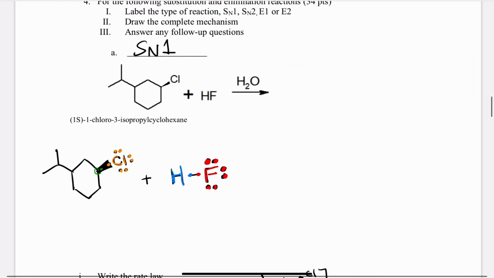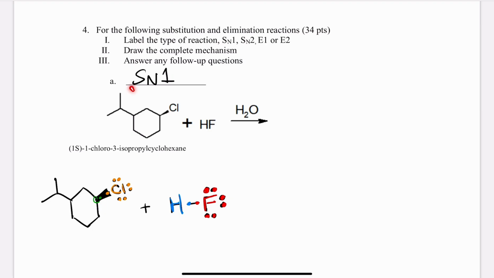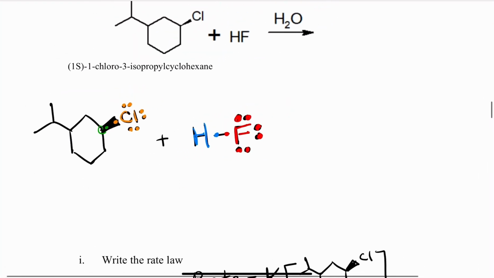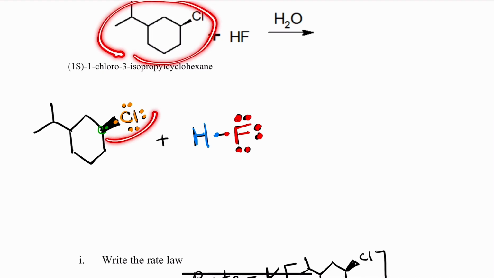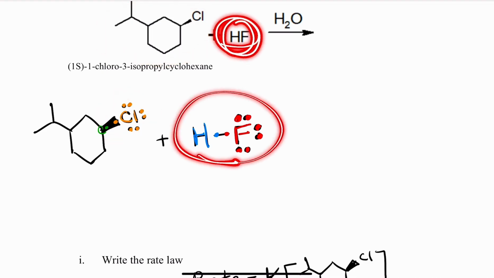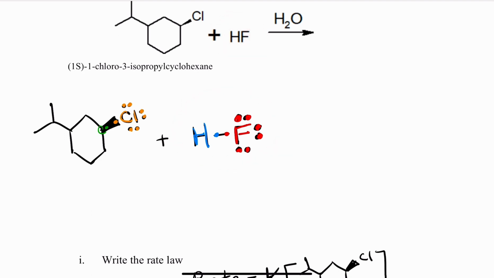Now, remember, it's S. We're going to substitute. So you always want to redraw the substrate showing the electrons. Redraw the nucleophile showing electrons in Sn1 like this. Now, what you can do is actually begin to show the movement of the electrons. In Sn1, the leaving group does what the name says.